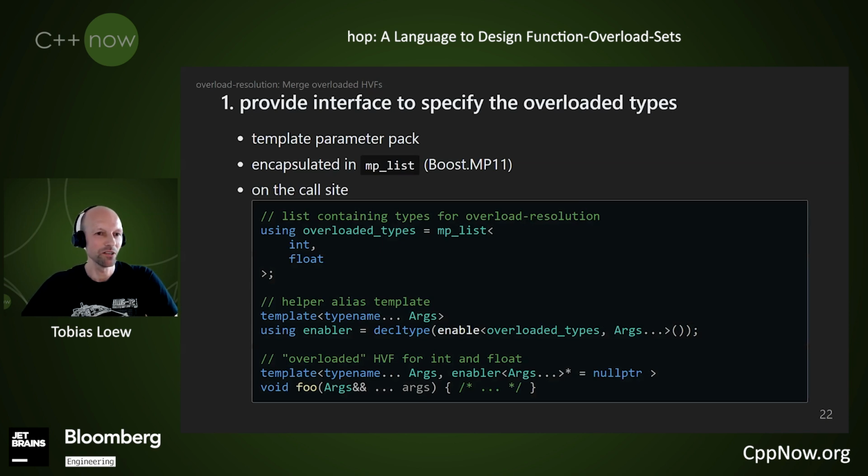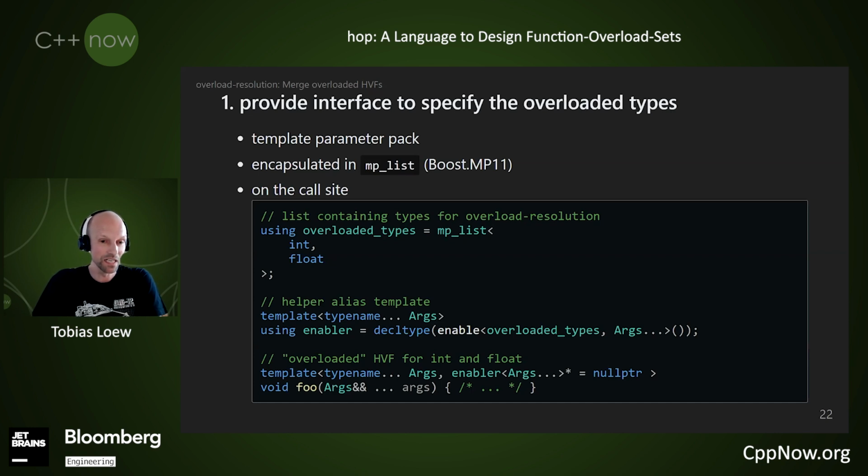So how does it look on the call side? First, we have a list of all the types that are used for overload resolution. We pack them into an mp_list and we call that type the overloaded types. Next, we use a helper alias template just to not have to repeat this decltype enable_overload_type of all the args, because we have to use it twice.